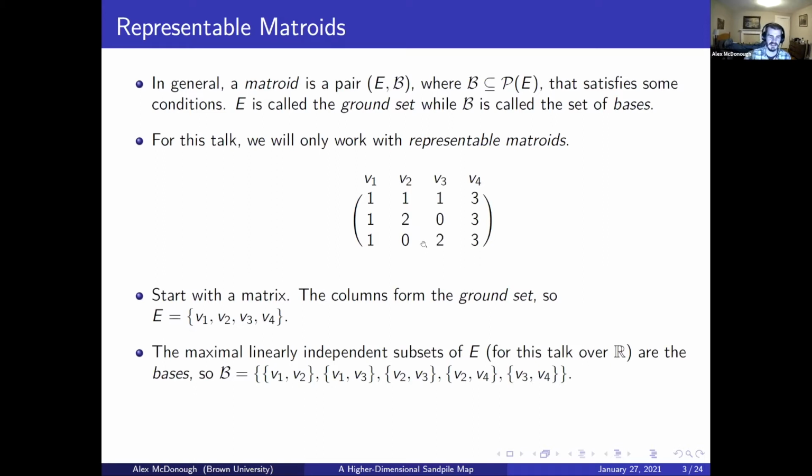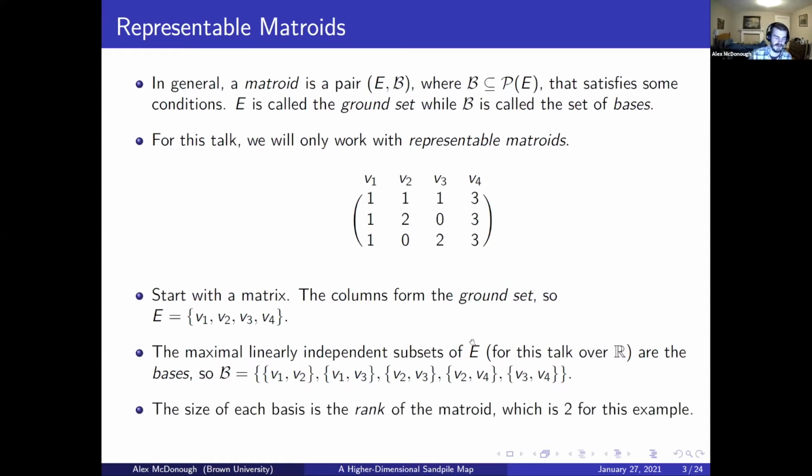In this case, you can see that even though there are 3 rows, this is actually a rank 2 matrix. Any 2 of the columns are linearly independent except for V1, V4. So this ends up being our list of bases of the matrix.